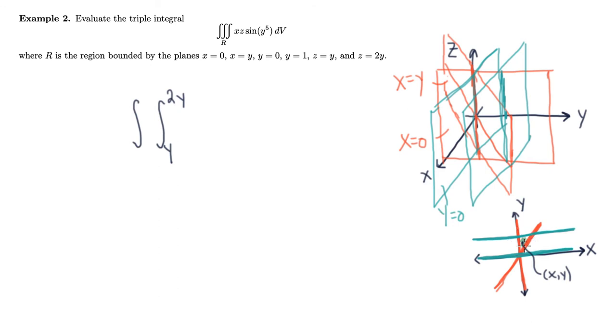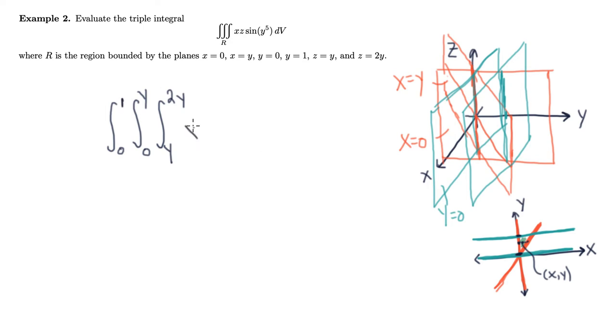Okay, so let's say that I fix a y value between 0 and 1. Then notice that x, for that fixed y value, is going to go from 0 all the way to y. Like that. And of course, I've fixed a y value between 0 and 1.